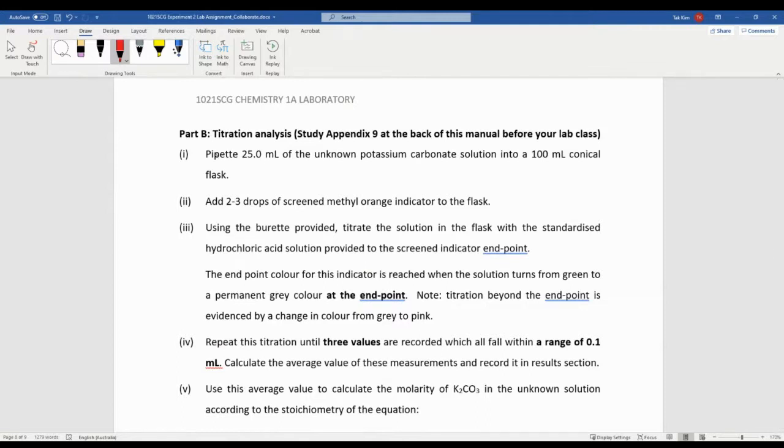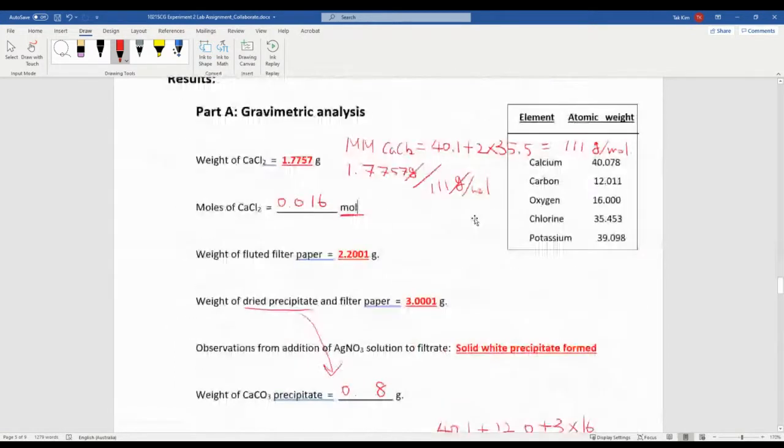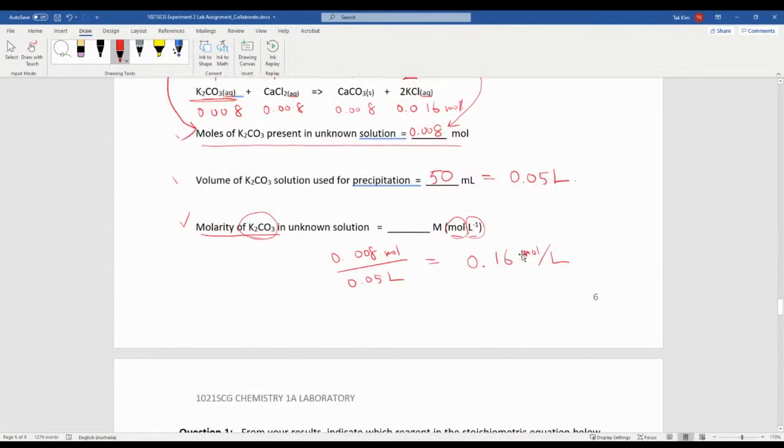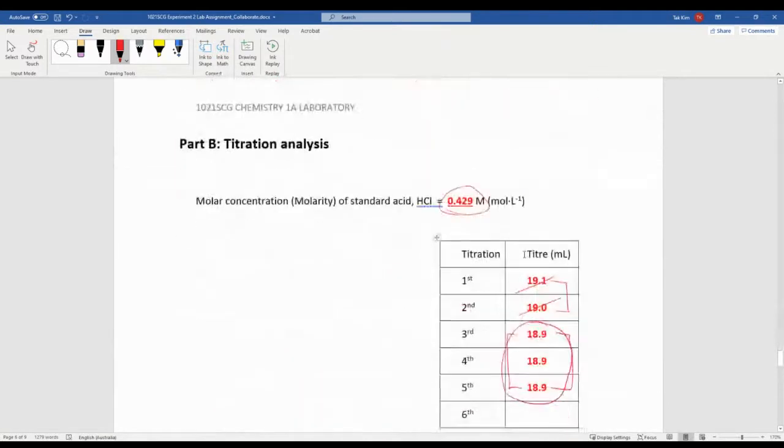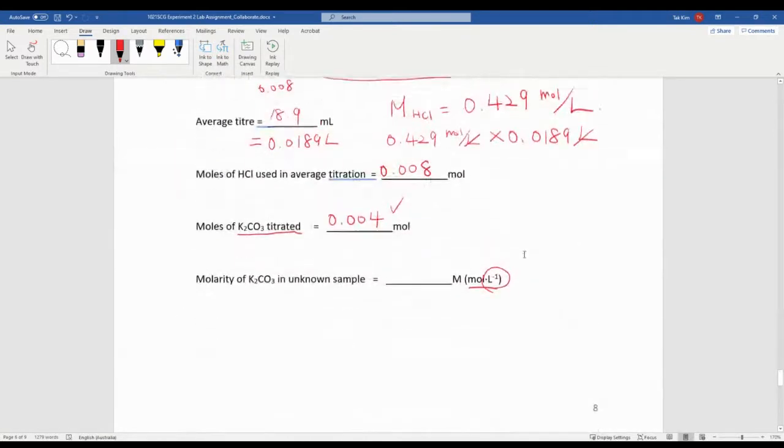It says pipette 25 mL of unknown potassium carbonate, right? So the volume was 25 mL.